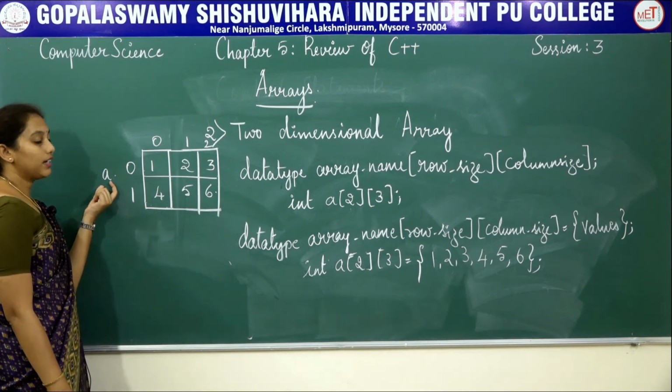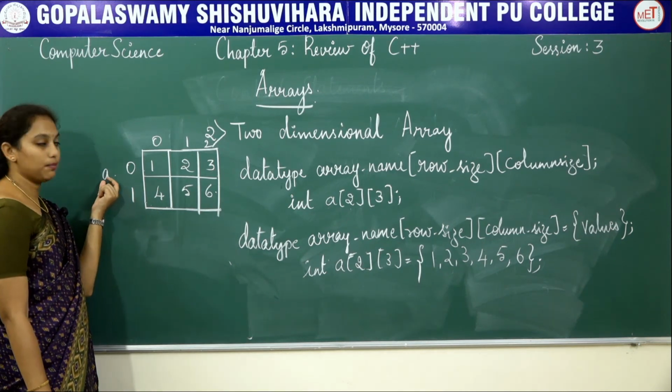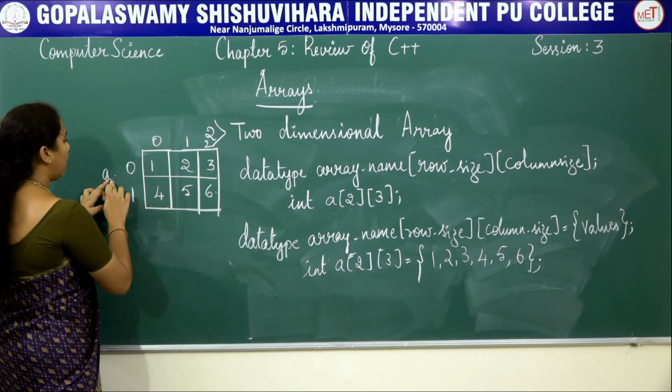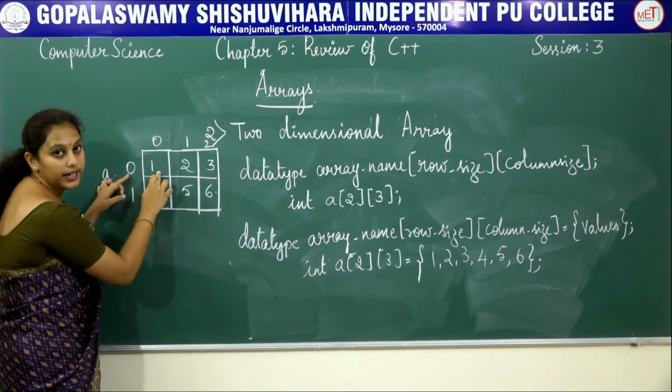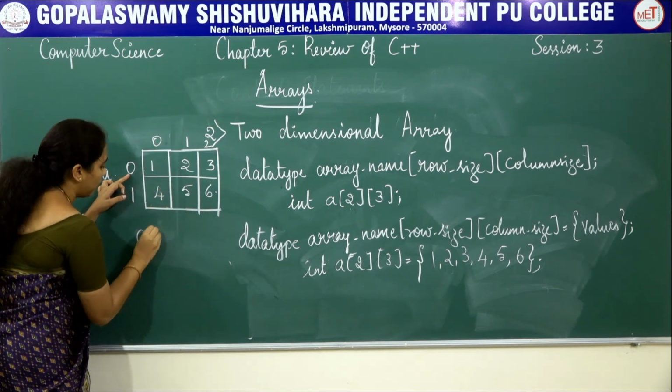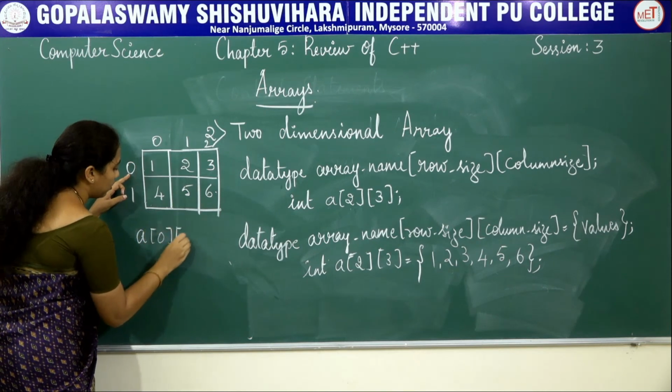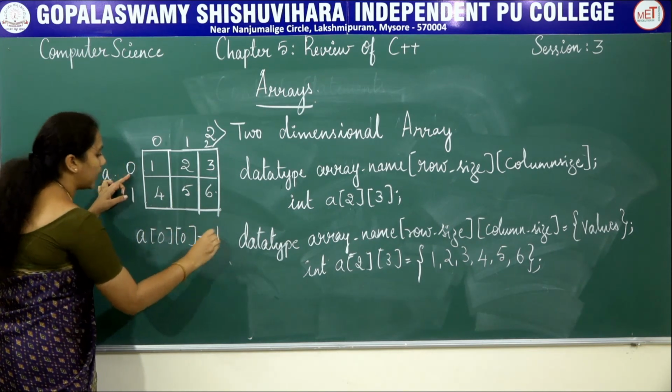How can I access the elements of a two-dimensional array? A of 0, 0 contains 1.